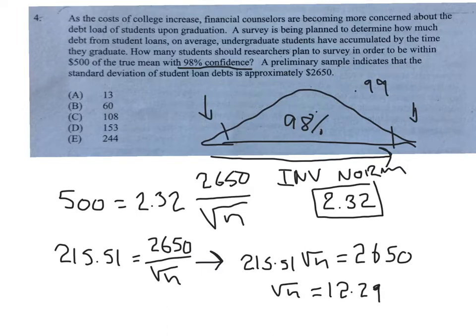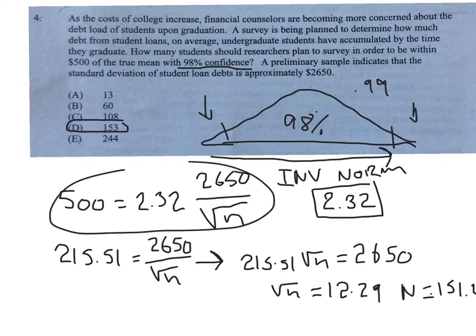And then the last step, to get rid of that square root, we square both sides. And we end up with n is equal to 151.2, but there's probably a rounding error in there, which gives me letter D. There's that answer. Okay, like I said, this may ring a bell.